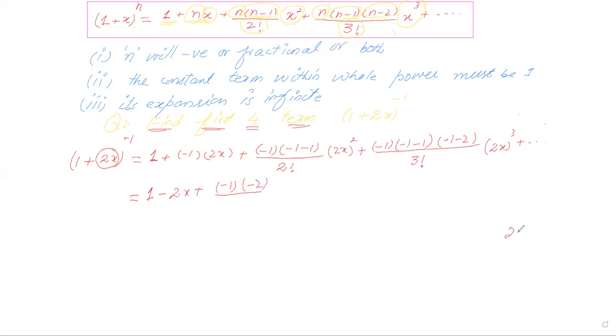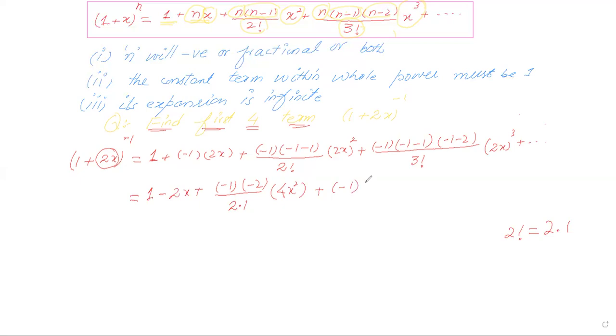As we know, 2 factorial is equal to 2 multiplied by 1. Factorial means the product of that number with all its preceding natural numbers, that becomes 2 into 1. And what's the answer of 2x whole square? It becomes 4x square.